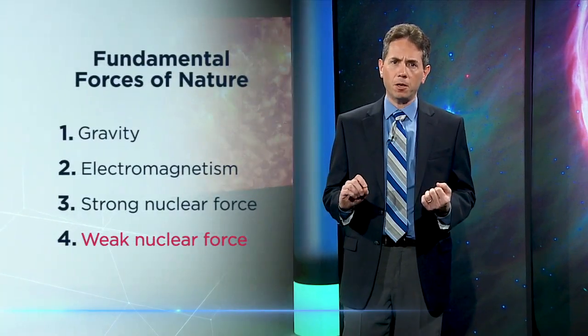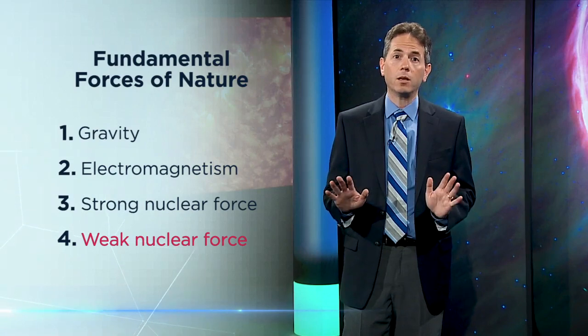So maybe the neutrino is a neutral buddy of the electron. No, not at all. For one thing, the neutrino has a much smaller mass than the electron, by at least a factor of 1,000,000. Another thing is that neutrinos interact mainly through the fourth fundamental force of nature, the weak nuclear force.